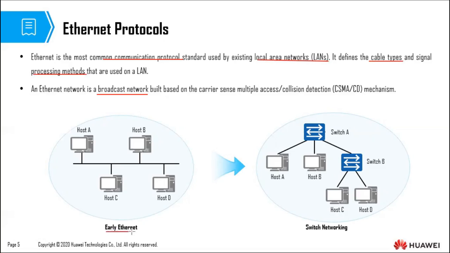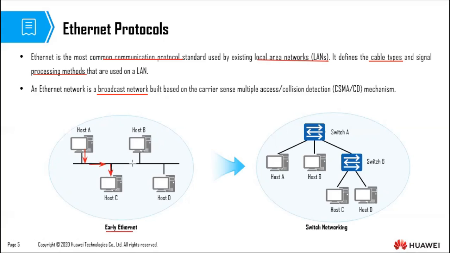Earlier Ethernet looked like that. It used the bus topology. It used the hub, whereby if host A is placing data on the bus, then everyone else is going to receive that data.